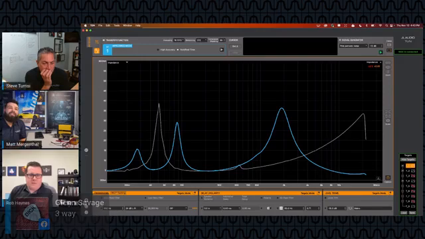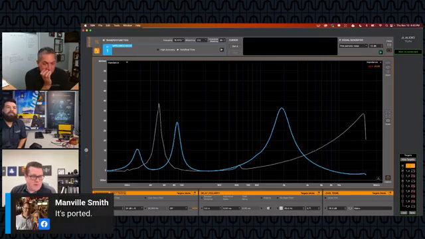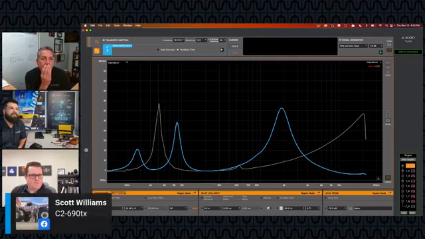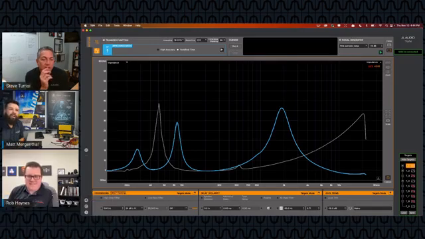So Glenn says 3-way. Manville says it's something ported. Okay. Yeah, I think Manville's right about the port. Looking at the low frequency stuff, I'm trying to figure out the top end. C2 690TX. No, this is not a JL Audio speaker.